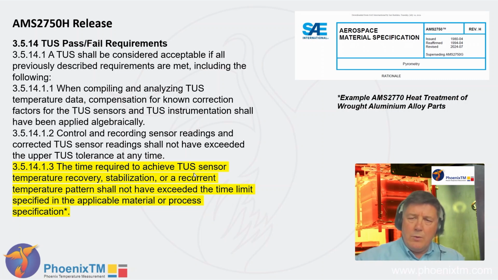AMS2770, which is used for monitoring the heat treatment of wrought aluminium alloy parts, where the recovery and stabilization times are critical to the success of the heat treatment step itself.